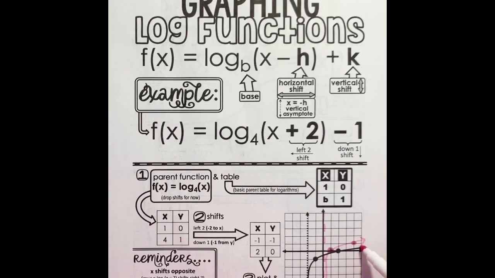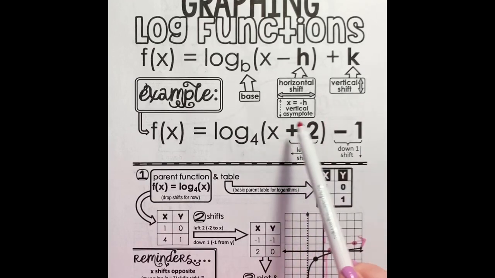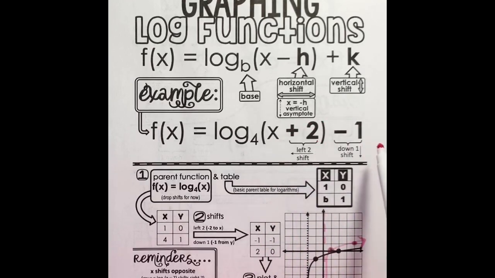So that will be your parent function. We know that our horizontal shift will be left 2 and our vertical will be down 1. We're just going to pick up those points and move them. And that is how you graph your log functions.